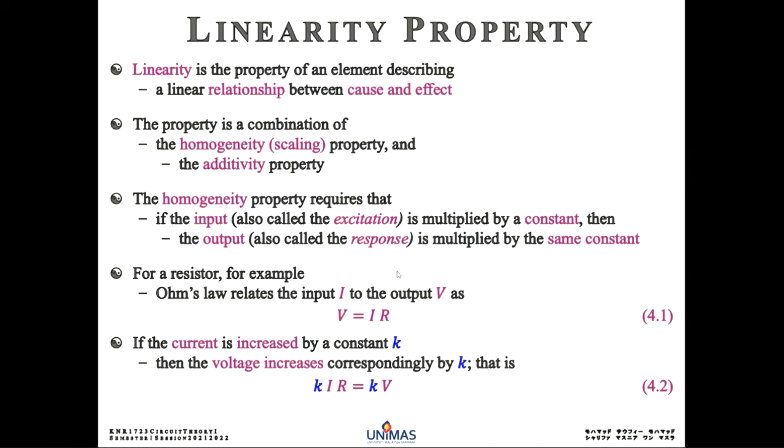So what it is saying, in the long-winded writing, is that the basic thing is that you have V equals IR. If the current is increased by a factor of K, the output voltage will also be increased by a factor of K. So that is linear. The input is increased by some factor, and the output would also be increased by a factor of K.